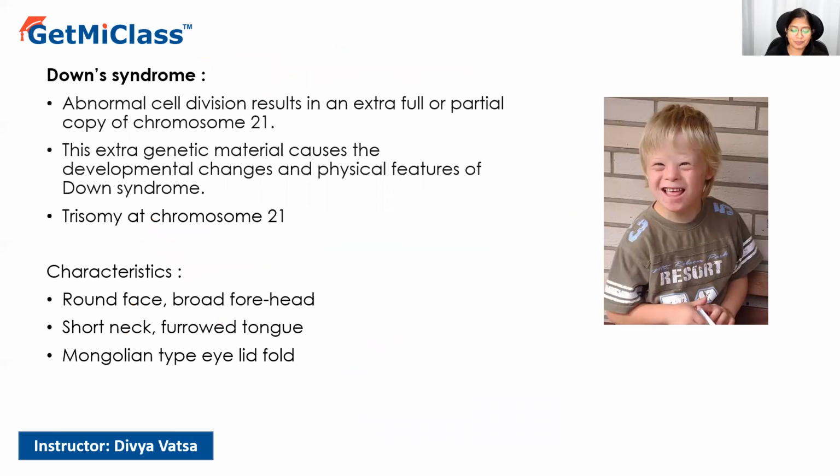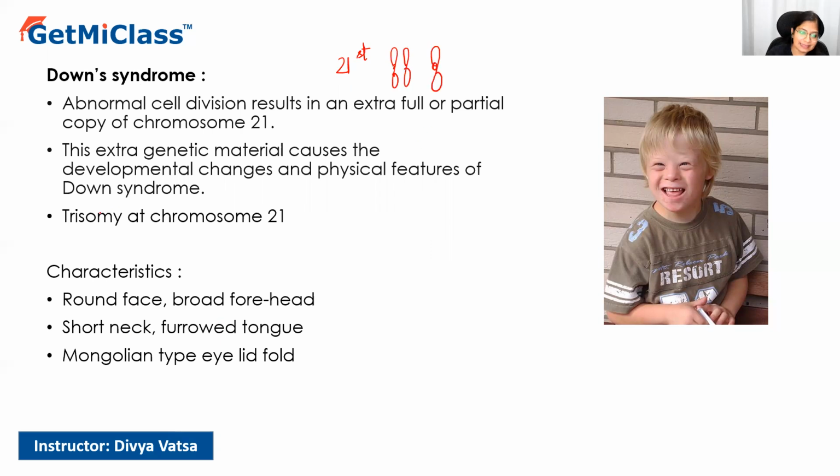Down syndrome, you must have seen this in some people around you. Abnormal cell division is taking place and there is an extra full or partial copy of chromosome number 21. So basically there is an extra chromosome present at the 21st position. At the 21st position there are supposed to be only two chromosomes, but there is a third one.